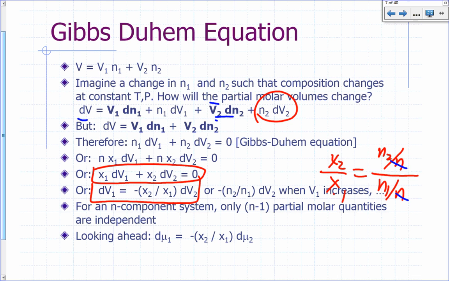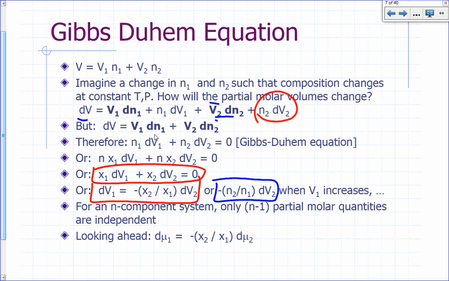So you can also say it's equal to negative n1 over n2 times dV2 bar. And basically, like I said, what this is saying is as the partial molar volume of component 1 increases, the partial molar volume of component 2 decreases. And I've been a little sloppy here. These should all have bars on them, V1 bar and V2 bar.